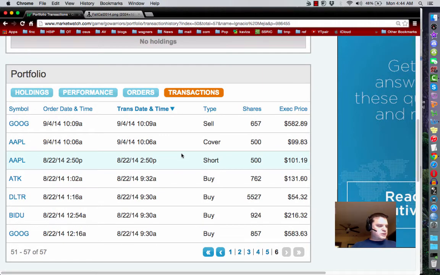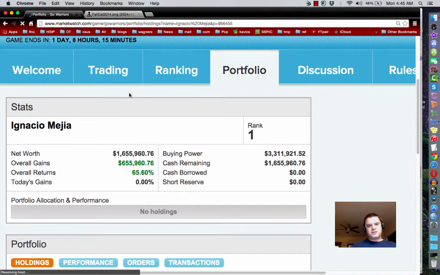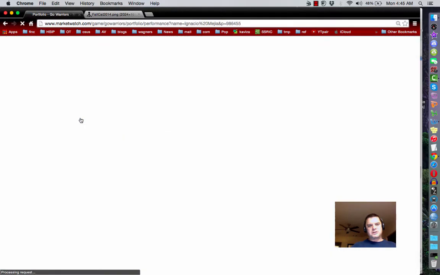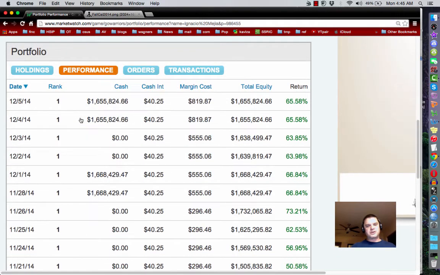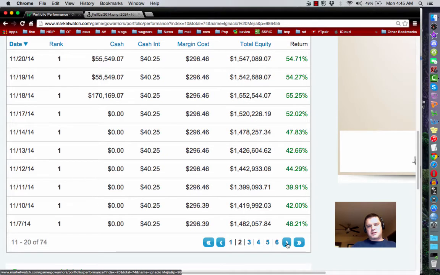Now the third portion is taking a risk. Does it look like more than 50% of your portfolio was invested? If I click on performance, I can see Ignacio is almost entirely long, very few shorts. So I'm basically looking at the cash balance for him, and I see that it is 0. But for much of the time in November, 0.